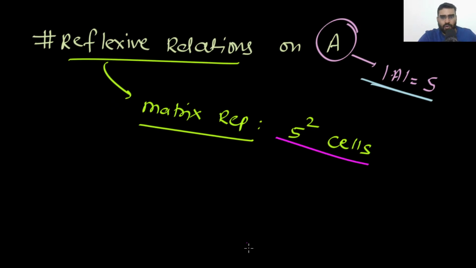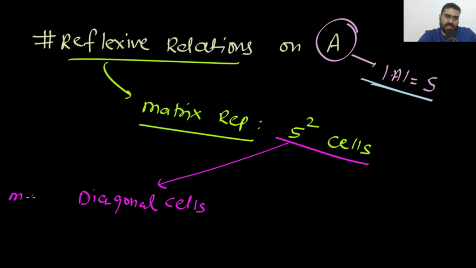Remember, for the diagonal 5 cells, you have only one choice. There are 2 types of cells. One is the main diagonal cells.